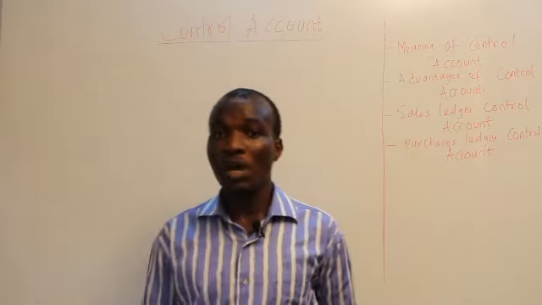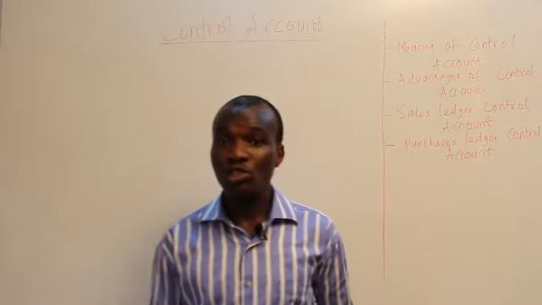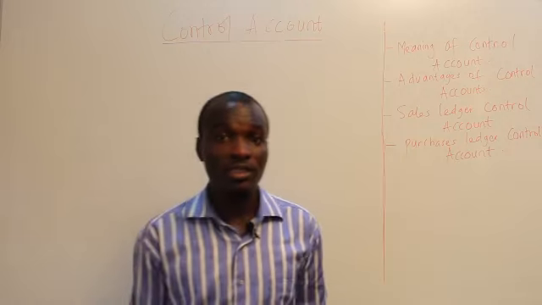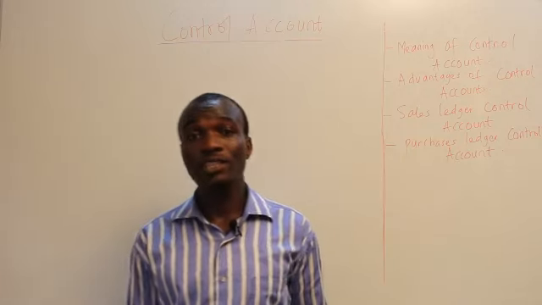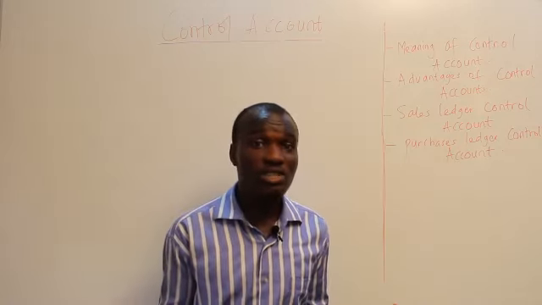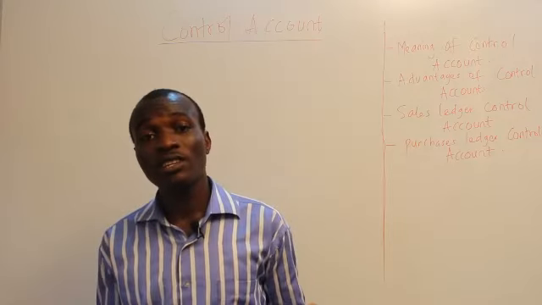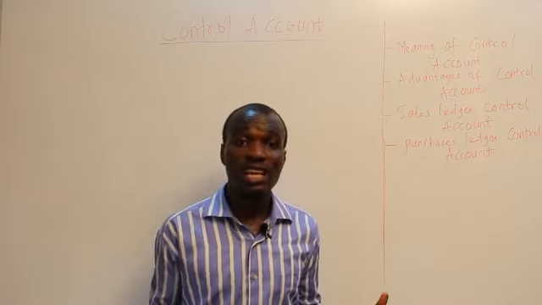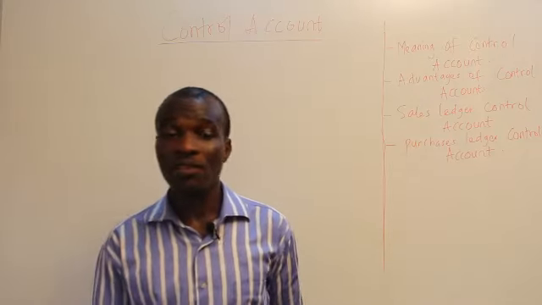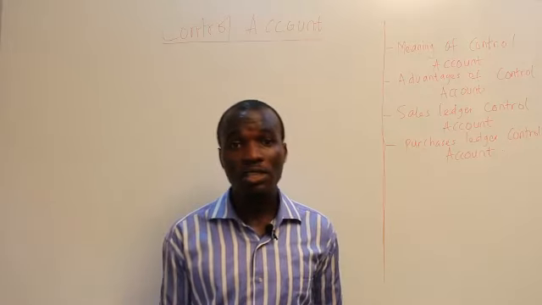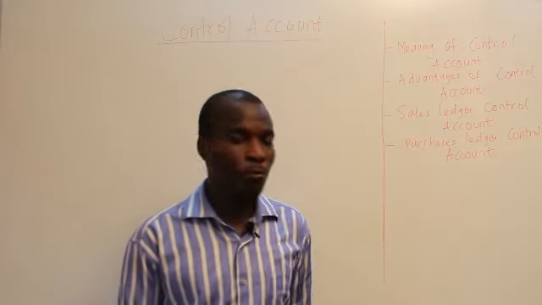If the trial balance fails to agree, that is, the total of the debit side refuses to agree with the total of the credit side, that means there is an error. It serves as an indication of errors in the books.